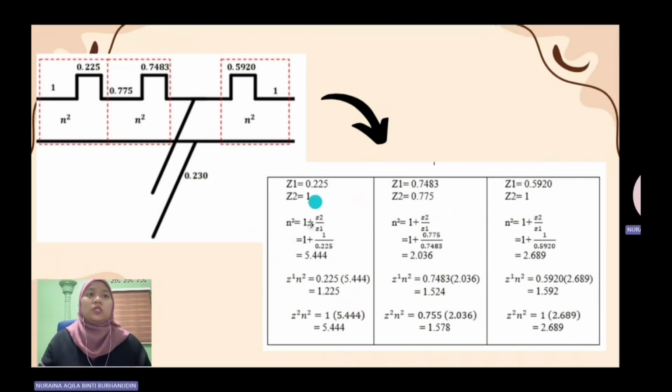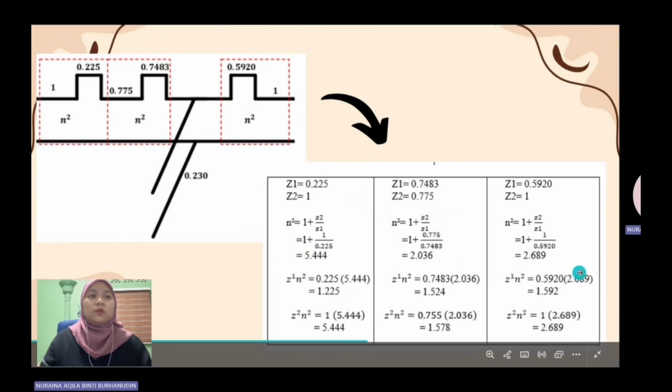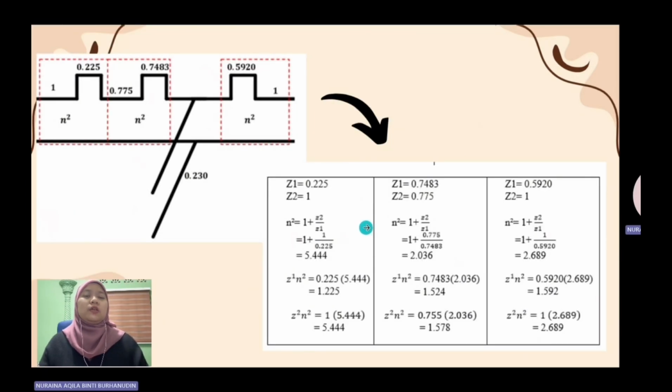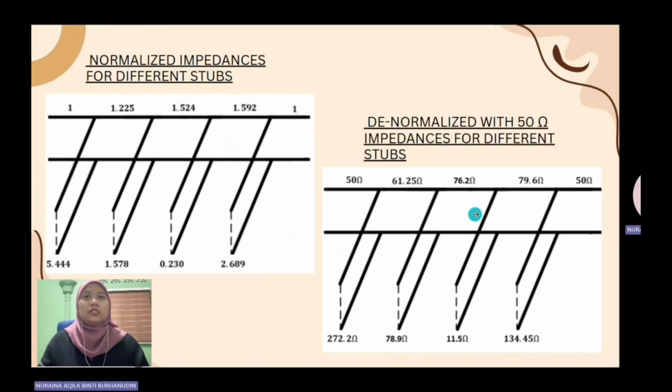From this equation, we will get the normalized impedance for different stubs. For the Kuroda identity, we transform into a normalized impedance and denormalize with 50 ohm impedance for different stubs.